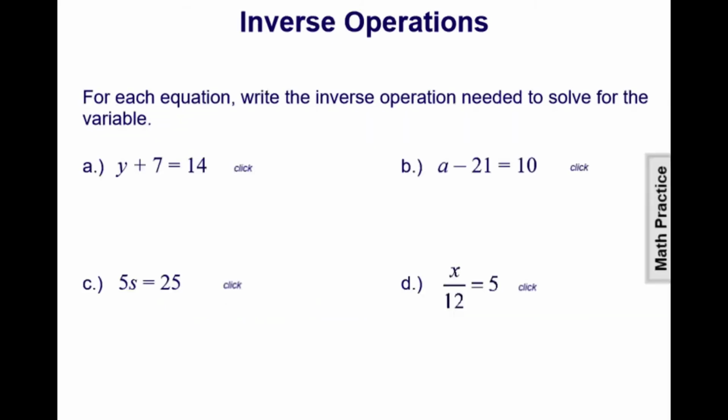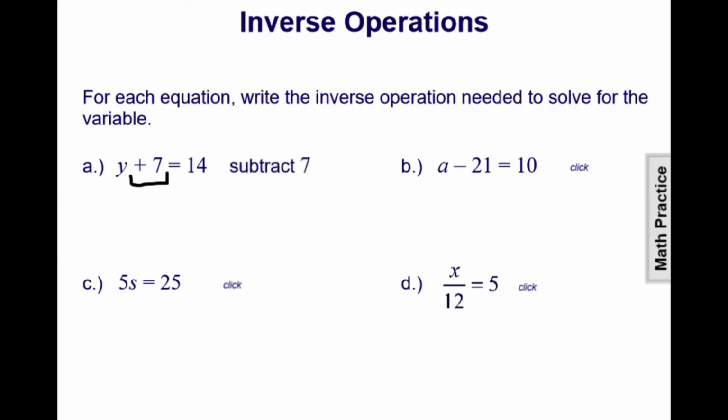So here, we really need to use inverse operations, or those opposite operations, to do that, to solve for a variable on one side. So here we have the first one, y plus 7 equals 14. If our current operation is adding 7, our inverse would be the opposite of adding, which would be to subtract 7.